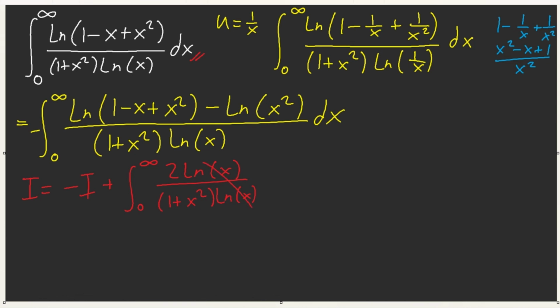The ln of x cancels out. Nice. So now this is going to become 2I. So I is equal to a half, the integral from 0 to infinity of 2 over 1 plus x squared. Wow, this is so convenient. I guess our answer turns out to be pi over 2.